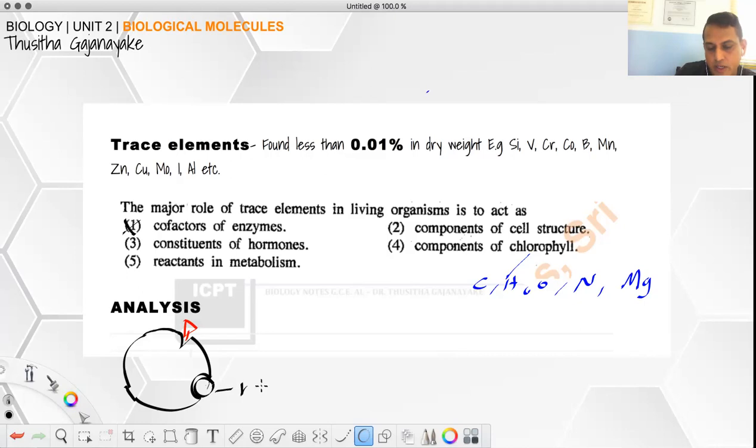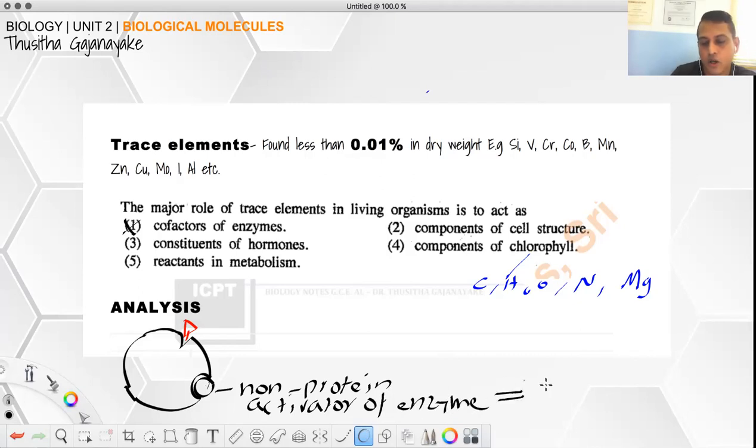This one is a non-protein. And the non-protein activator of enzyme is called cofactor. So we can say some enzymes need cofactors for their activation. Binding of a non-protein activator of enzyme can activate the enzyme.